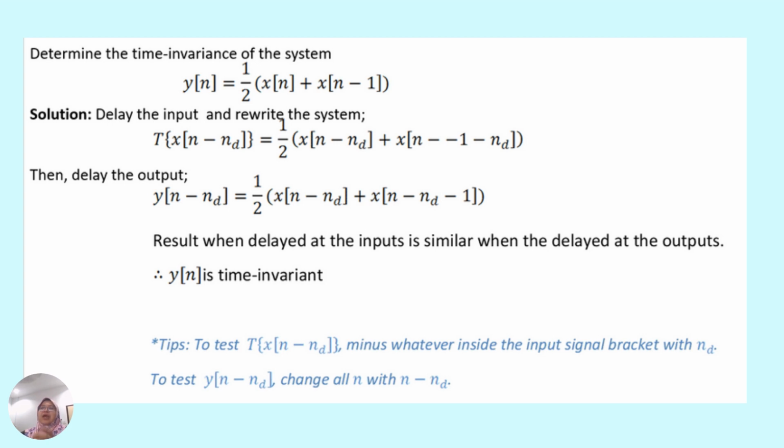inputs are delayed, and then what you need to do is to delay the output. So when you delay the output, all the n must be delayed. Okay, here, when we delay all the n, then we compare yn minus nd with the delayed-input result, T of xn minus nd.